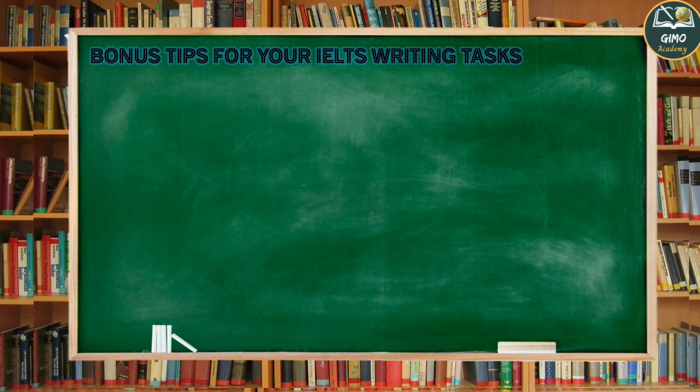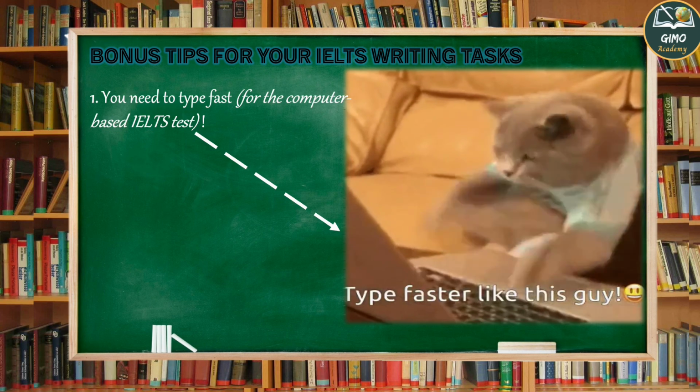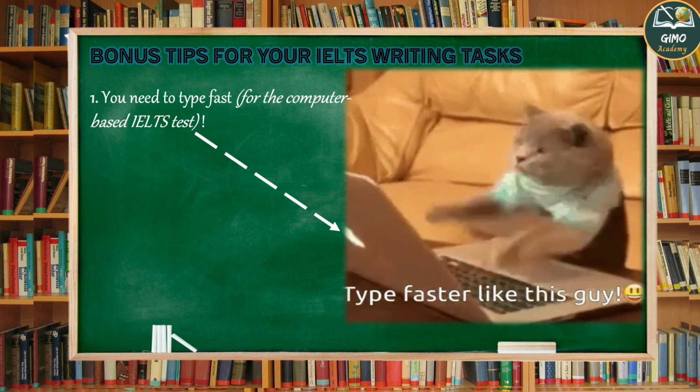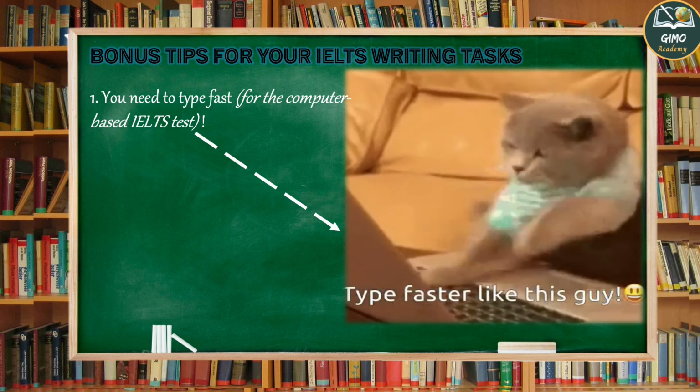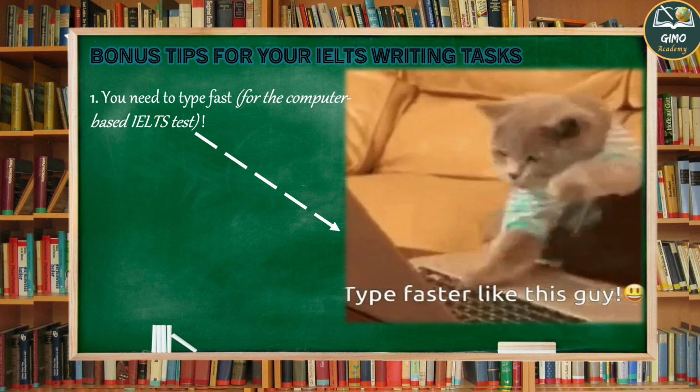So when taking the IELTS writing test, you need to keep the following in mind. Number 1, you need to type really fast. Yeah, you need to type faster like this guy. Well, he's probably exaggerating, but you should type really fast.